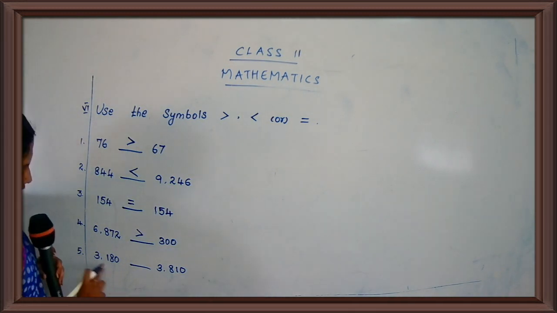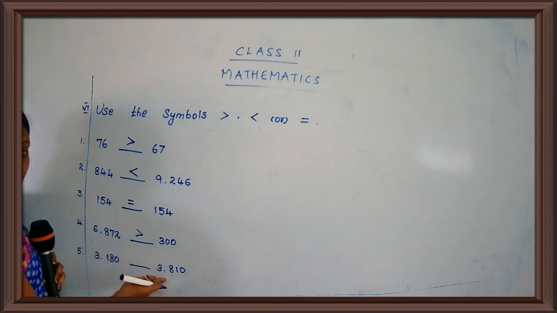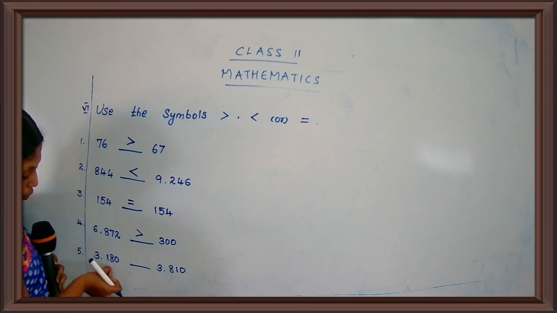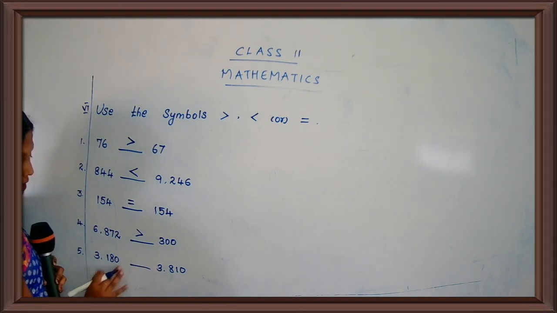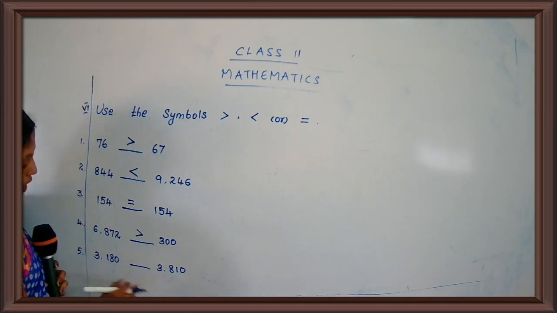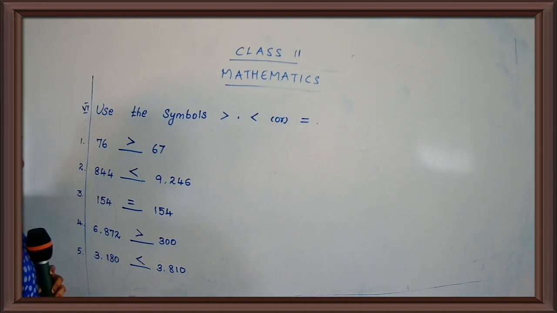See here, the first digit is the same. Here 3000, there 3000. Then you see the hundreds digit. Here 100, here 800. Is 100 the bigger number or 800? 800. So which symbol do we use? Less than. The right side number is the biggest number, so we have to use the less than symbol.